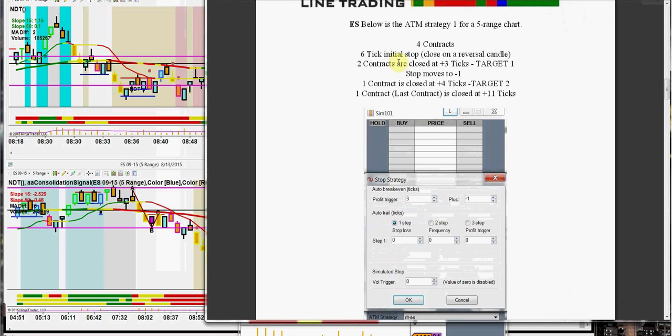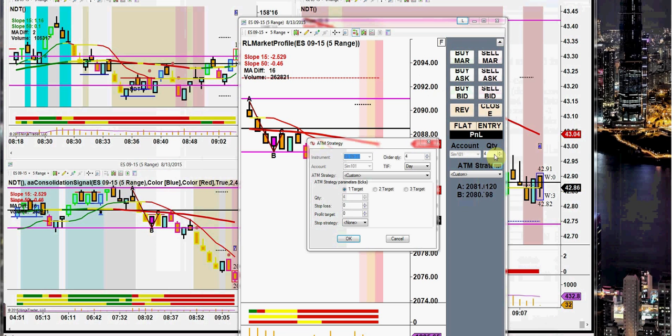Alright, 6 tick initial stop. Alright, so 2 contracts are going to be closed on the first one, and then 1 and 1.